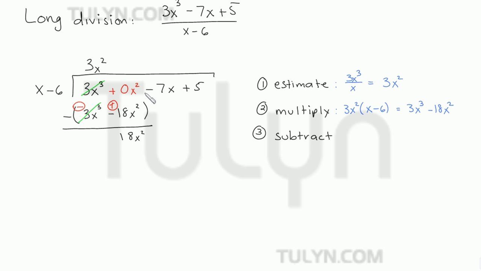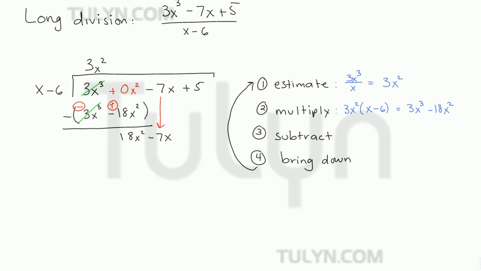And so now you see where that 0x squared comes in handy, right? It's less confusing that way. And then the final step is to bring down the following term. So in this case, we want to bring down that negative 7x. And then what we do after this is that we repeat until we can't repeat anymore.